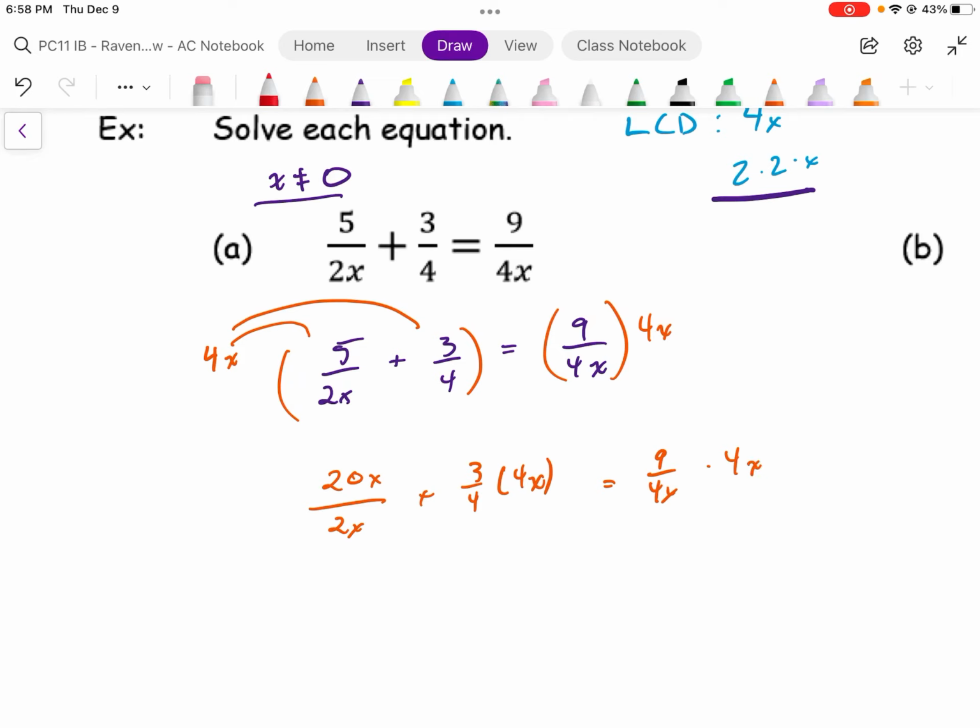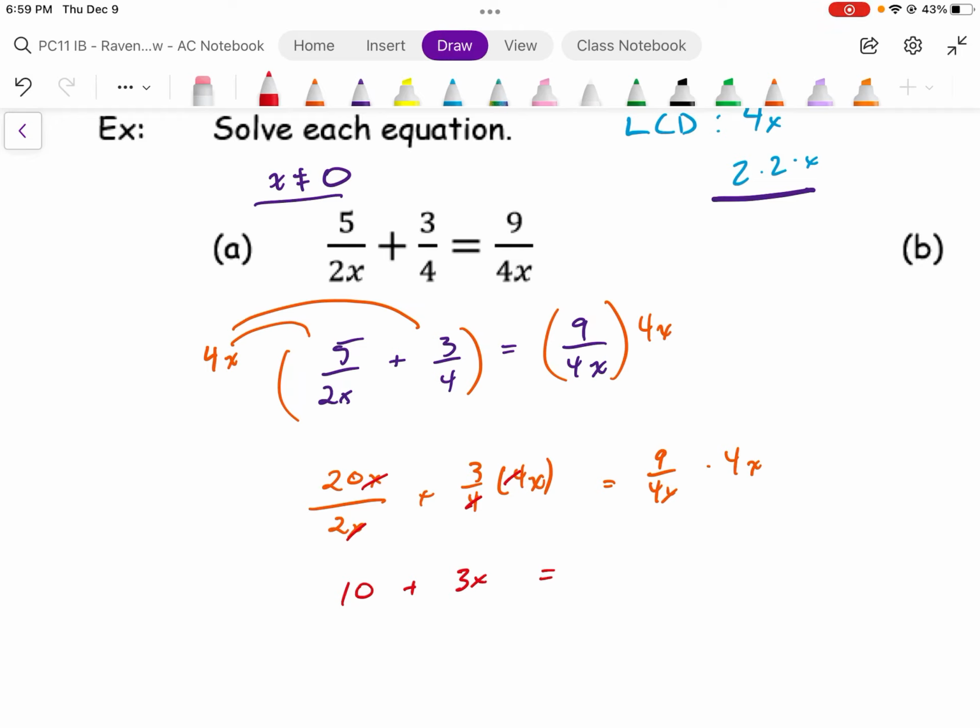Now I'm just going to simply reduce each component. 20x over 2x is better known as 10. We cancel out a factor of x, and we cancel out a factor of 2, which will leave me with 10. Now 3 over 4 times 4x: well, the factors of 4 cancel each other out. This is better known as 3x.